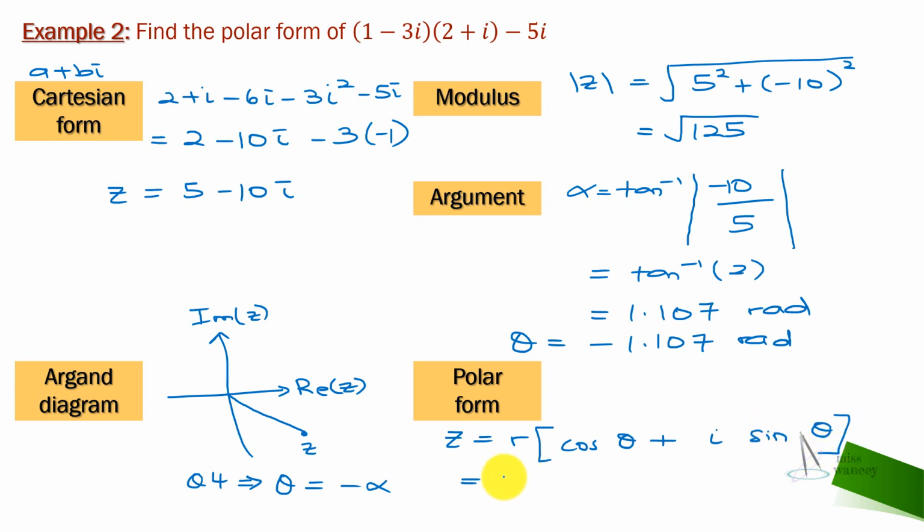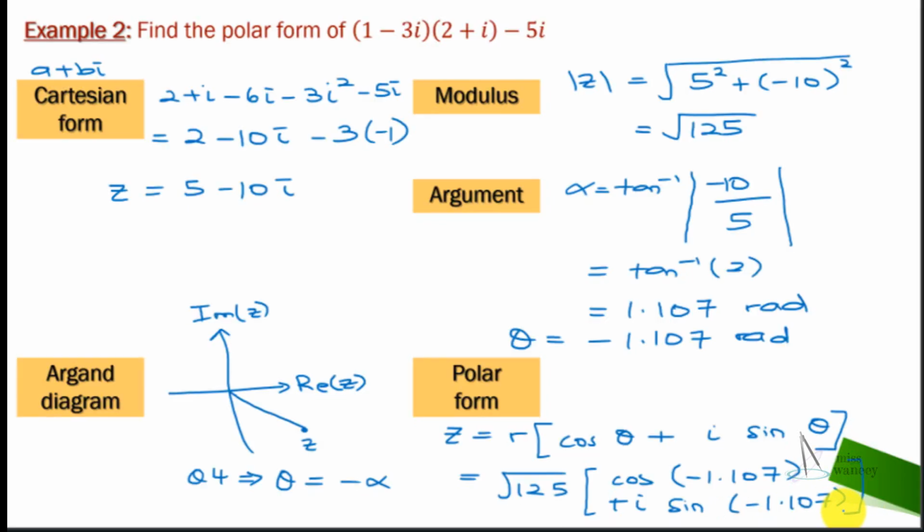Here r is the square root of 125, and since theta is negative, I'm going to write it inside a bracket: cos of negative 1.107 plus i sin of negative 1.107. That's it for example 2.